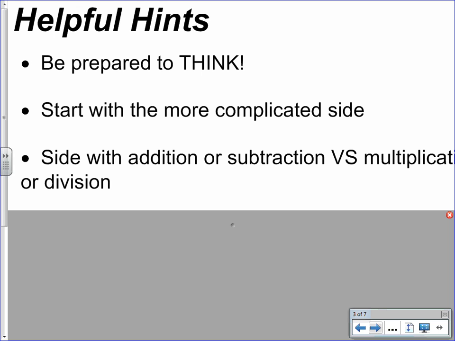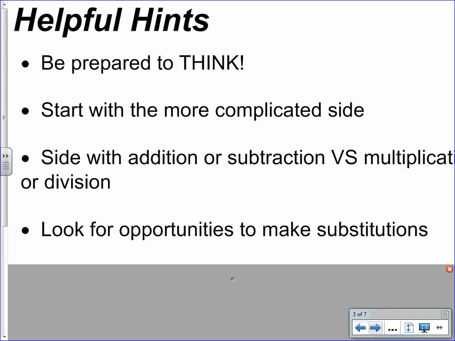Knowing your identities is really going to help, obviously, because you need to recognize when you can make substitutions. If you see a 1 plus cotangent squared, you need to recognize that you can replace that with cosecant squared.